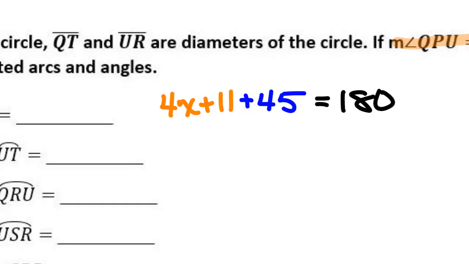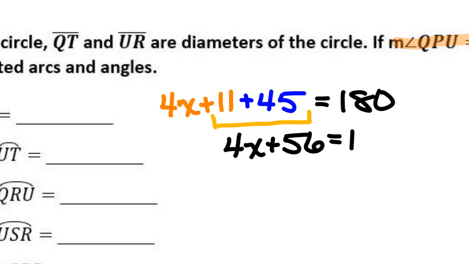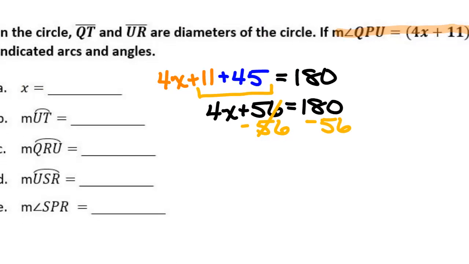Now I can combine these two like terms, the 11 and 45 together. What would that give me if I combine those? 56. So 4x plus 56 equals 180. I'm going to subtract 56 from both sides. What is 180 minus 56? 124.